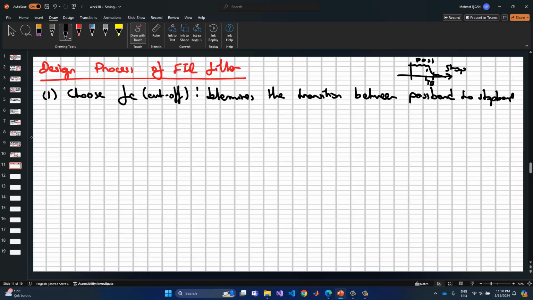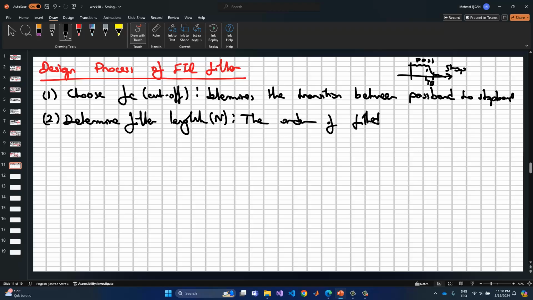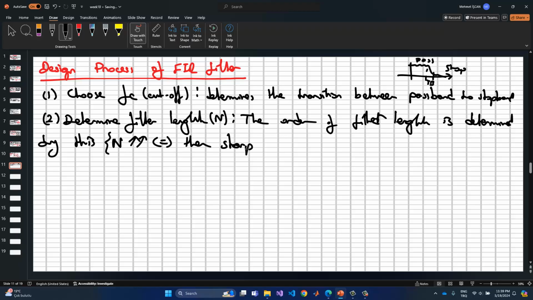Okay, and in the second step we need to determine the filter length and the order of the filter. The filter length is determined by selecting N. If we select a higher order N, then we have a sharper transition.